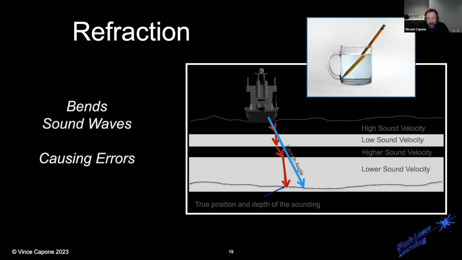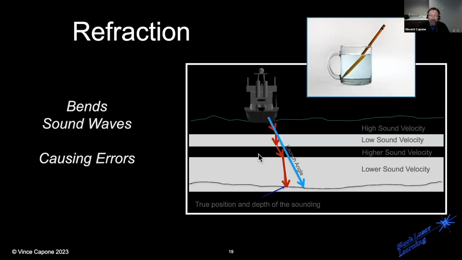And these changes in speed bend the sound waves. We call that refraction. So just like this pencil in the glass of water appears to be broken, the sound waves at the junction of these layers will bend depending upon how abrupt the temperature change or the salinity change is.